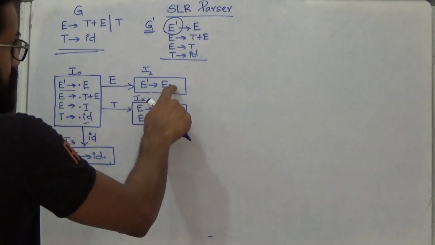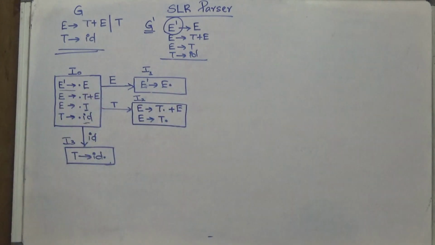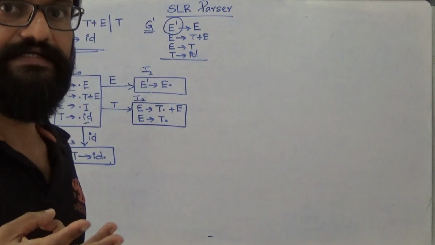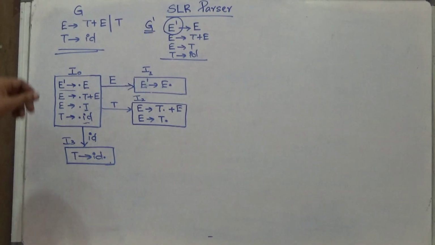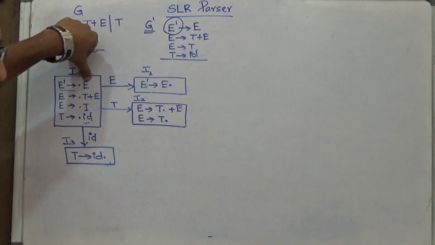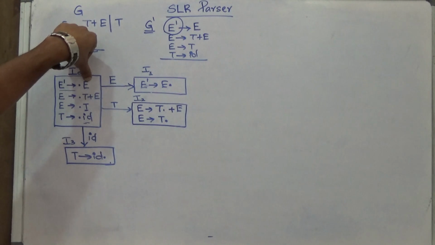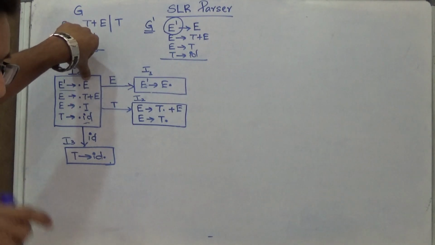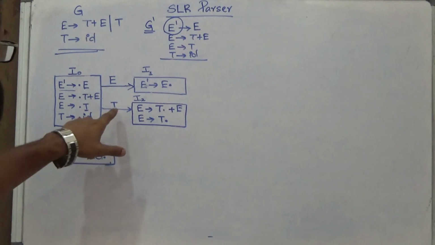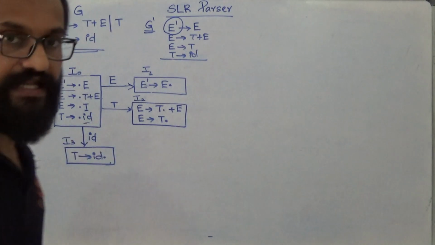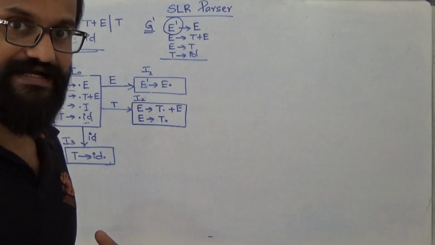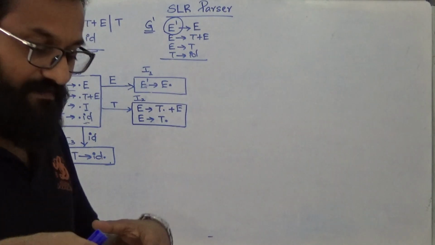Now, if I consider I0, we can identify three transitions. One transition corresponds to E, because you can identify one production whose right hand side contains dot followed by E. Another transition corresponds to T, because you can identify one or more productions whose right hand side contains T immediately preceded by a dot.